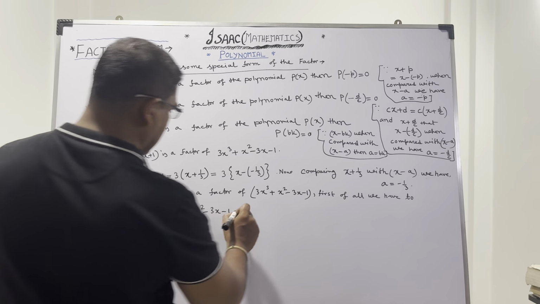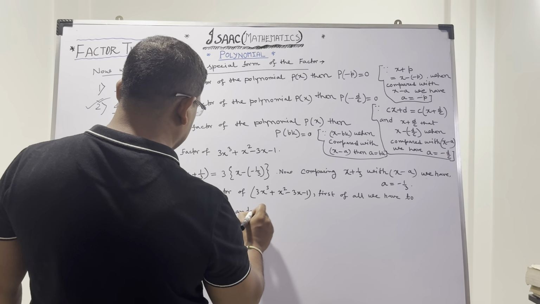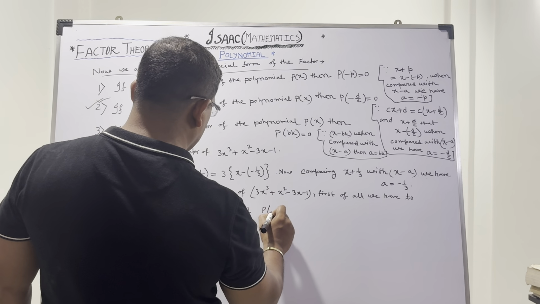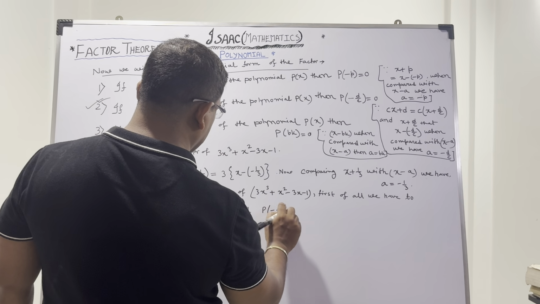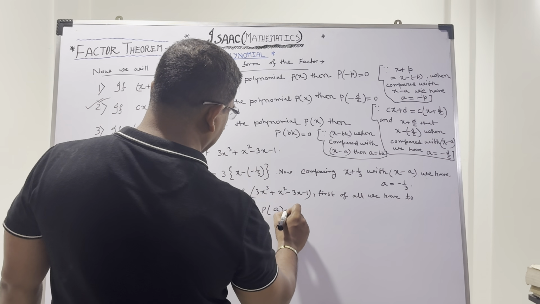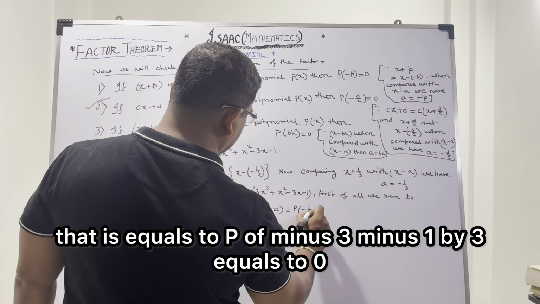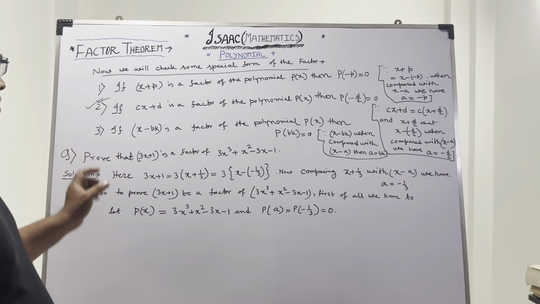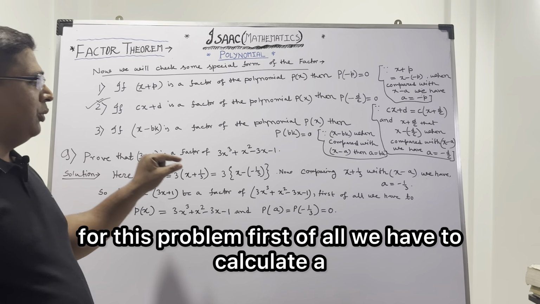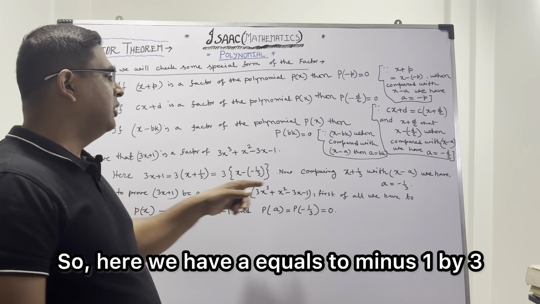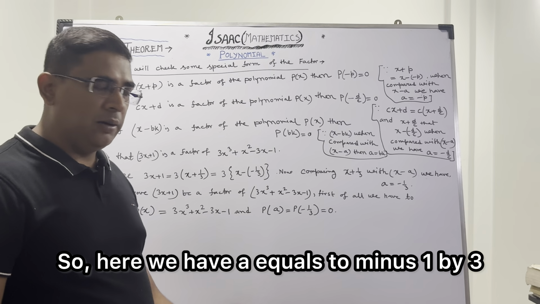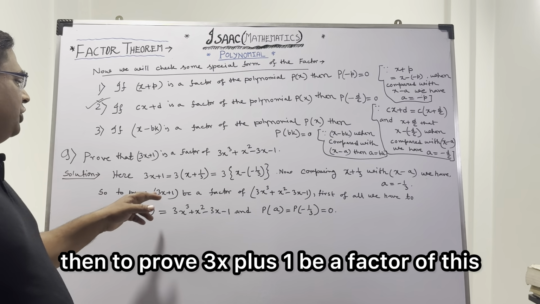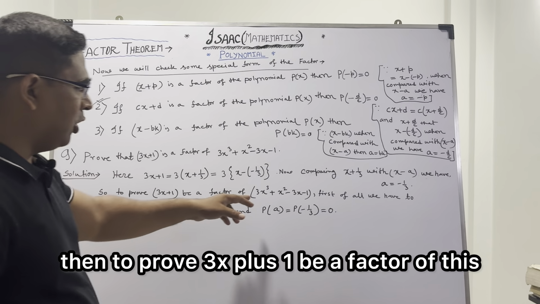Okay. And then p of minus 1 by 3, p of a, equals 0. So for this problem, first of all, we have to calculate a. So here we have a equals minus 1 by 3. Then to prove 3x plus 1 is a factor of this polynomial, first of all, there is no mention for this polynomial.